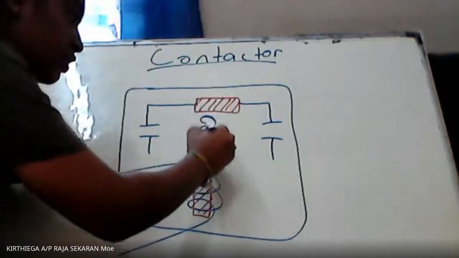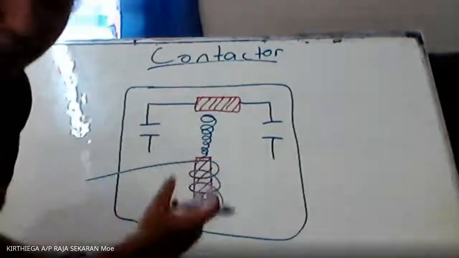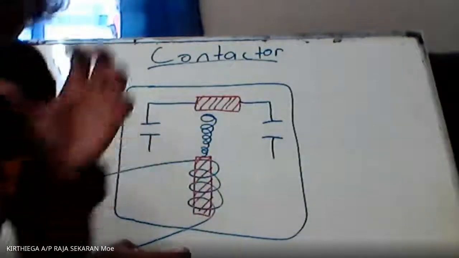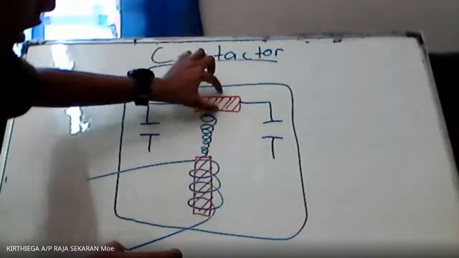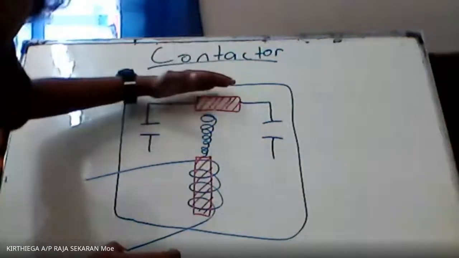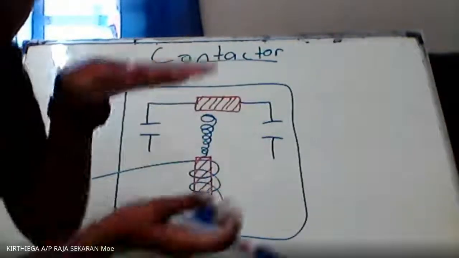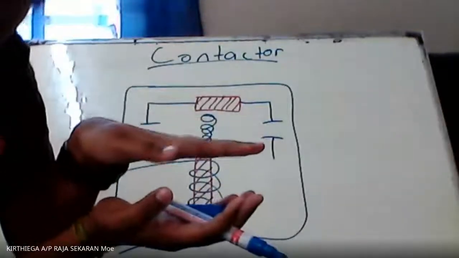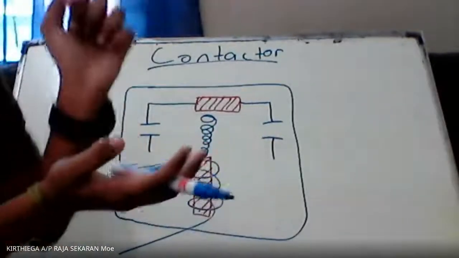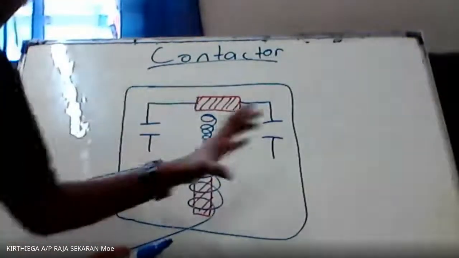When this metal is magnetized, the armature will go and push the spring. So it acts like a push button: it pushes, and when there is no magnetism, it repels back. That is how a contactor works.